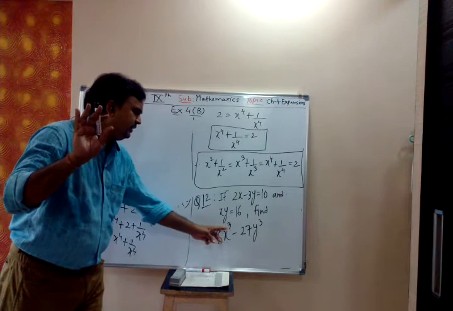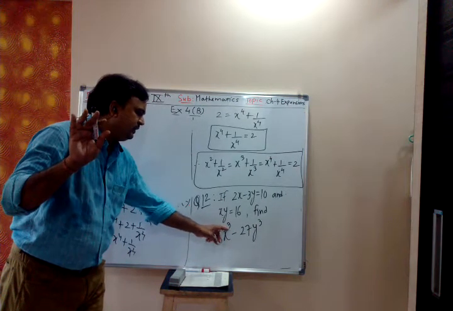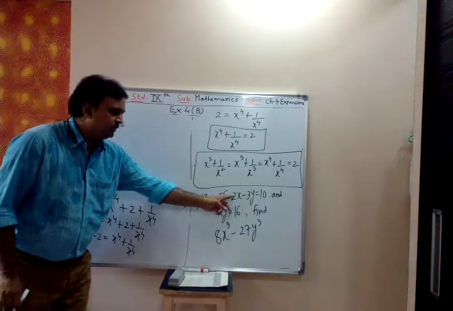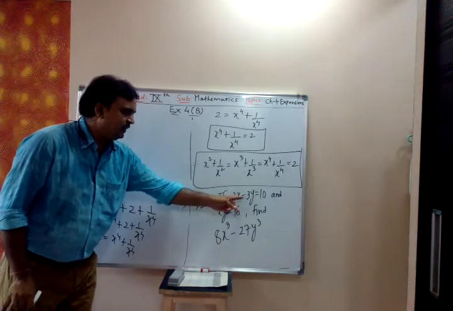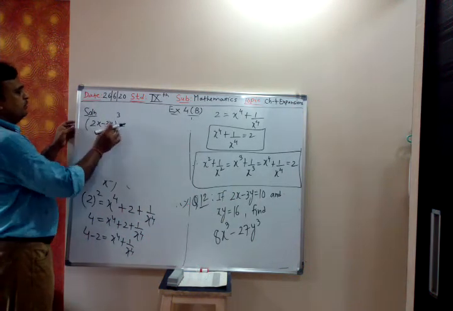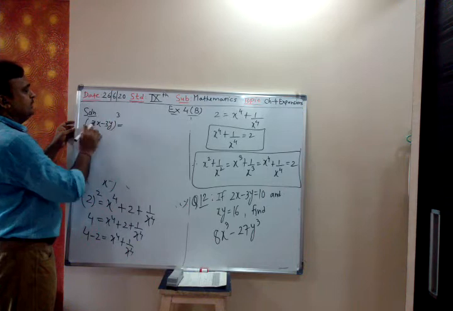8x cube is nothing but the cube of 2x. So we are given 2x minus 3y is 10. So I will consider 2x minus 3y whole cube and use the formula a minus b whole cube.